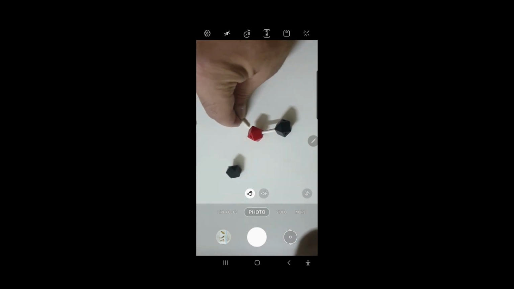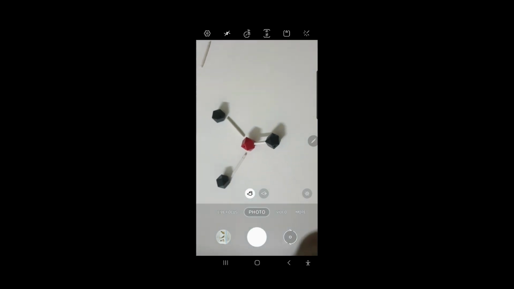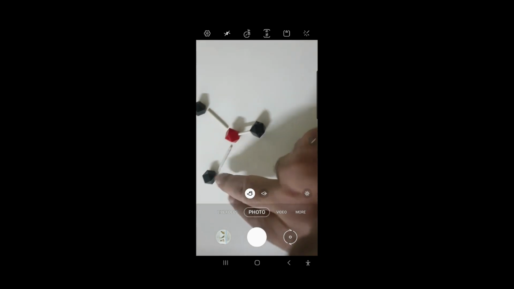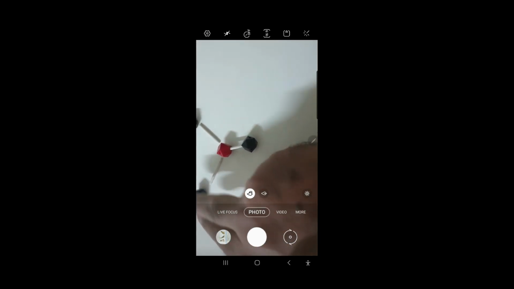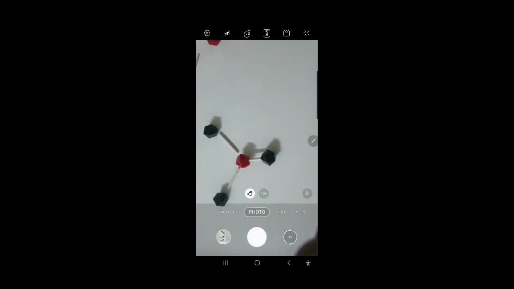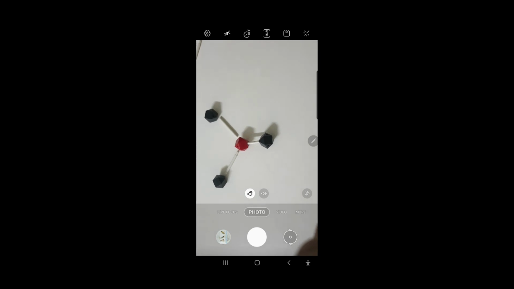So this is the shape of this compound, which is AB3. I hope it's clear for you because I'm using only one hand. So this is AB3, as you can see, which is here.